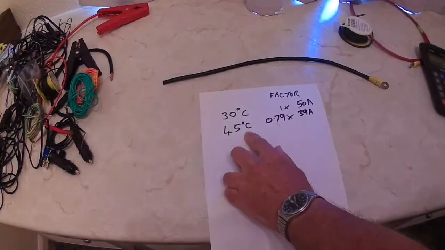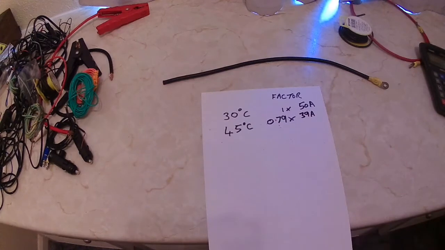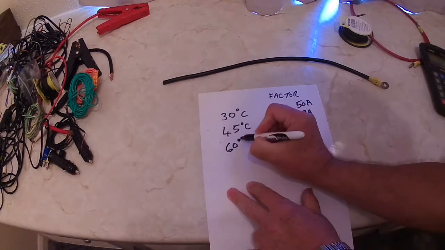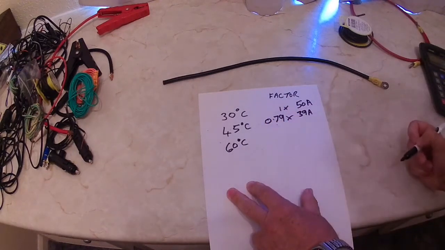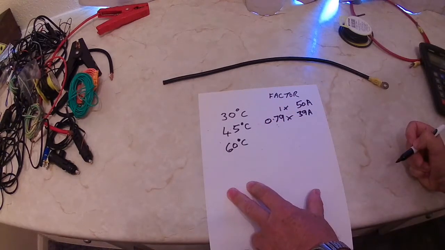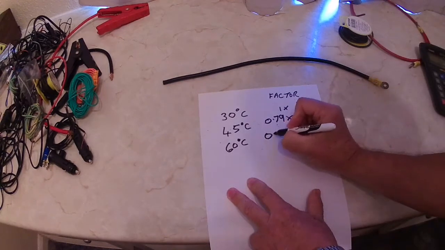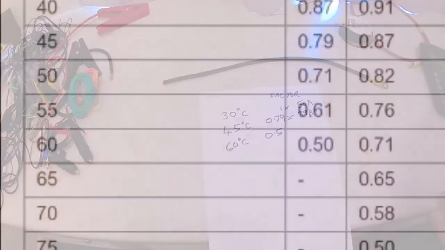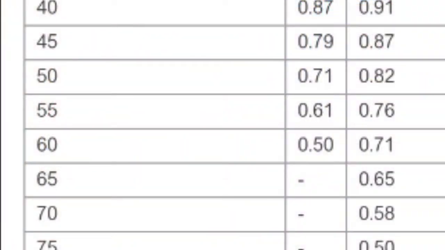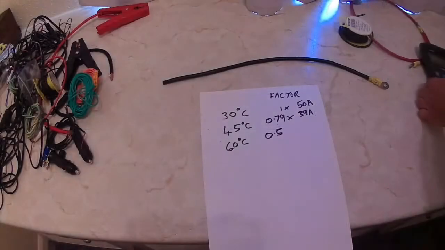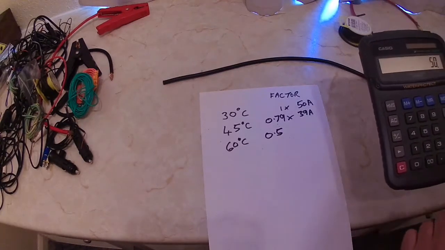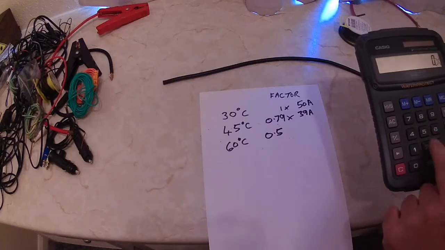Now, if you go to 60 degrees, the correction factor or derating factor is 0.5. So let's calculate again. The original was 50 amps and you times it by 0.5.